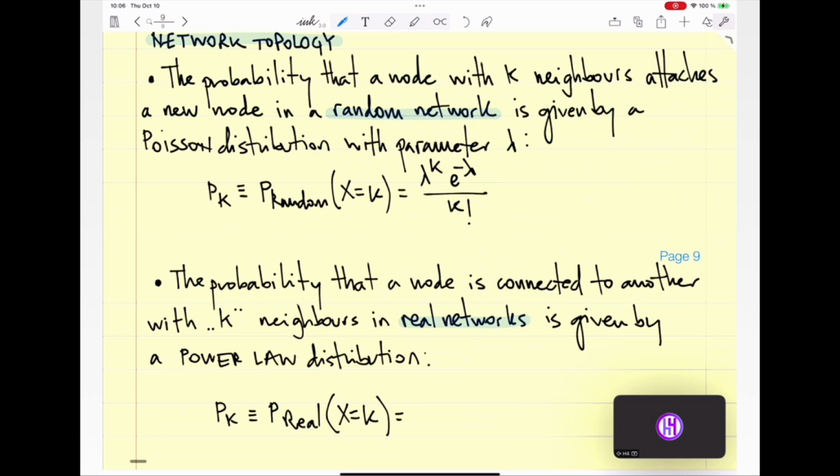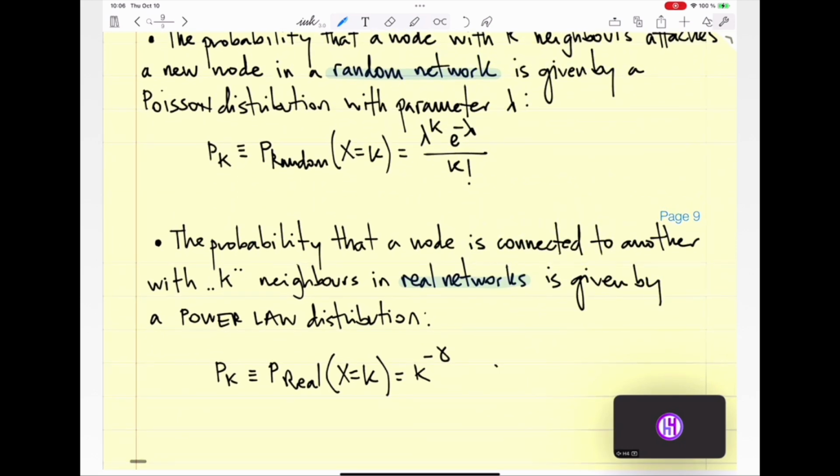This is all statistics. It's given by k to the power of gamma, gamma being the degree exponent.